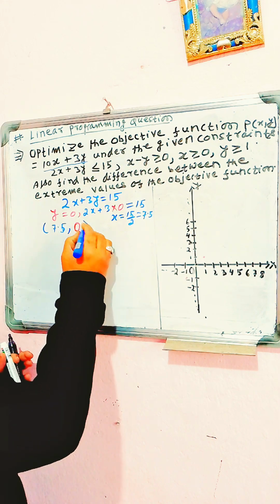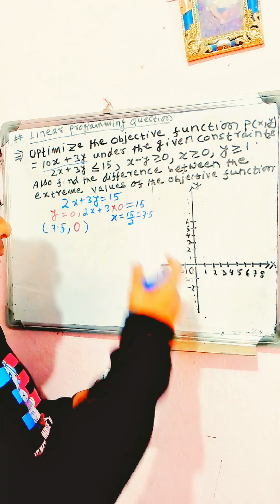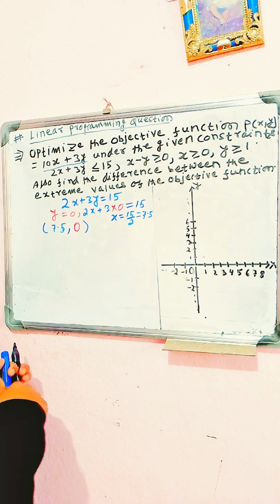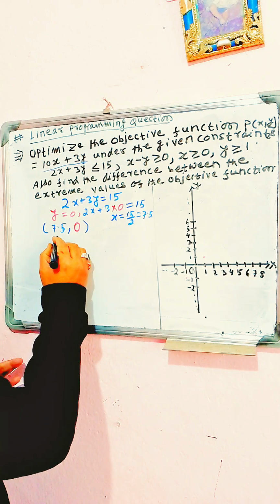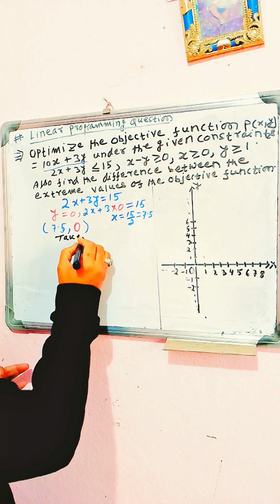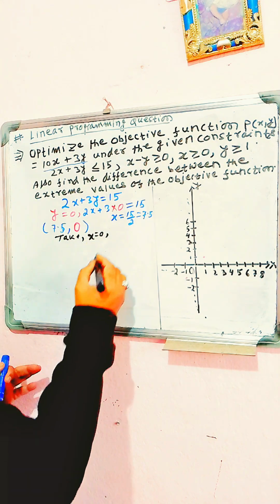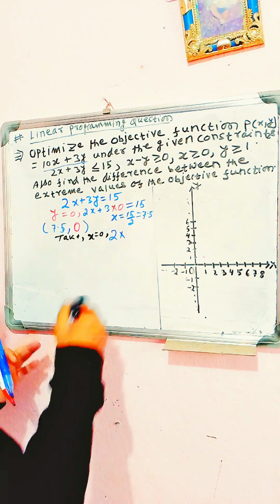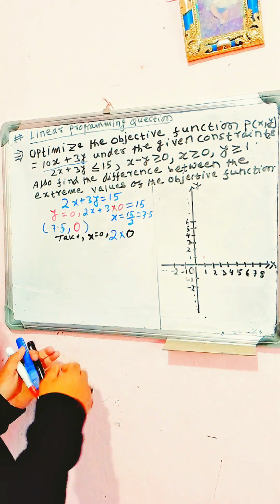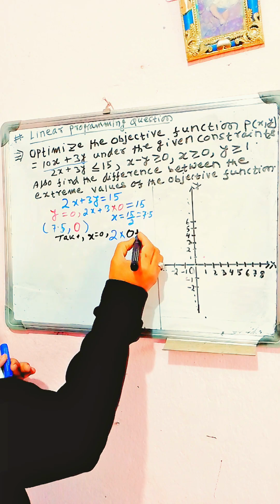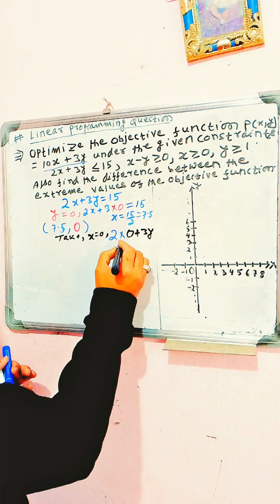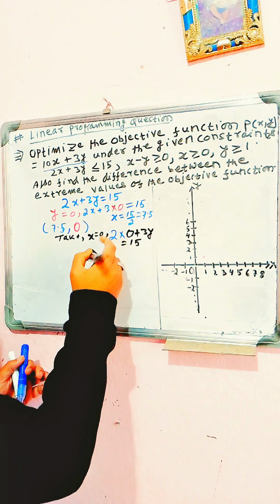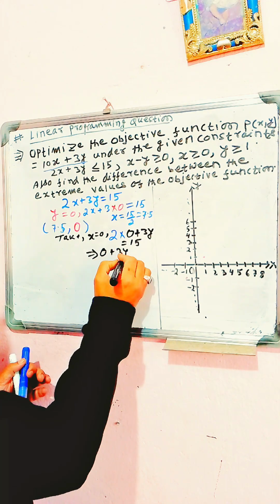Now let's try another point so that we can join the two points in order to draw the graph of the given equation 2x plus 3y equals 15. Let's take x equal to 0. In that case, 2 times x is 0, plus 3 times y equals 15.